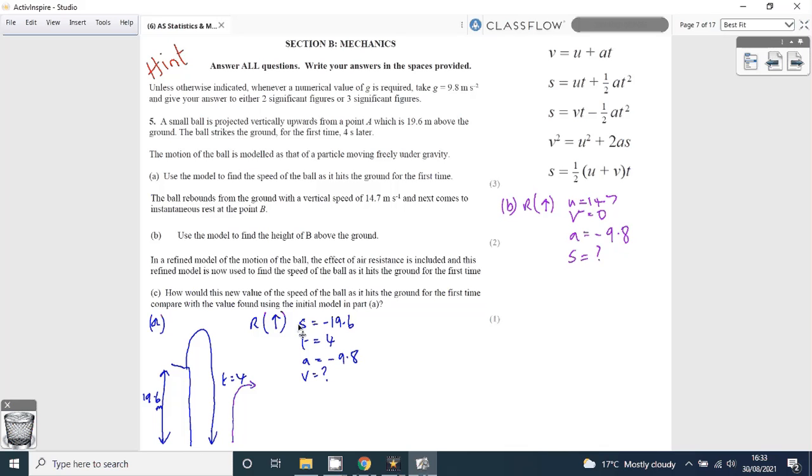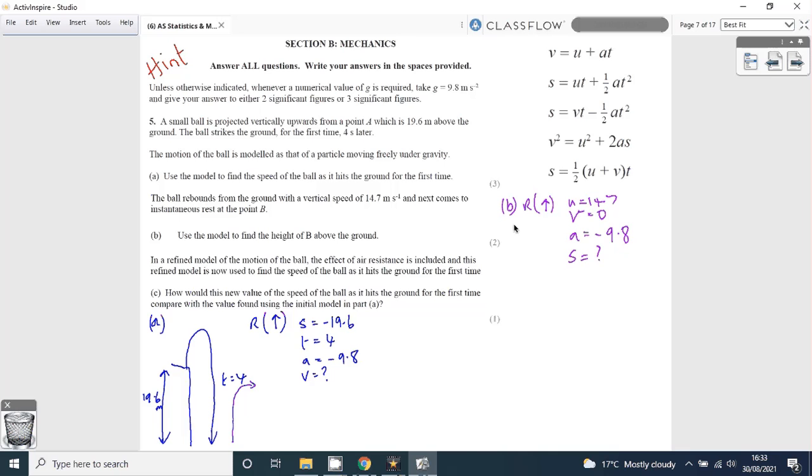So our displacement is minus 19.6, as that's below us. The time taken is 4 seconds, and the acceleration is gravity, which is obviously downwards, so that's minus 9.8, and we need to work out our final velocity, so v.